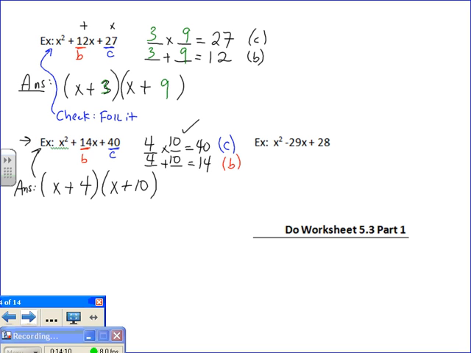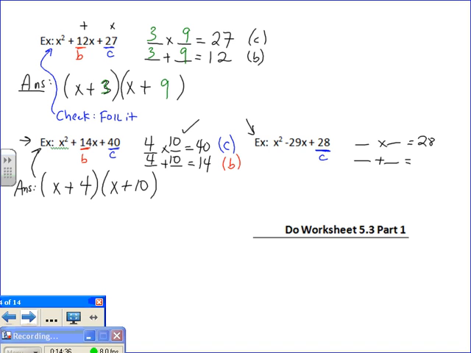I want to do a couple questions with you that are not always positive numbers. So let's do this example right here. We have x squared minus 29x plus 28. Again, the process is the same. I'm looking for two numbers that multiply to give me my last term, so two numbers that are going to multiply to give me 28, and that are going to add to give me my middle term.